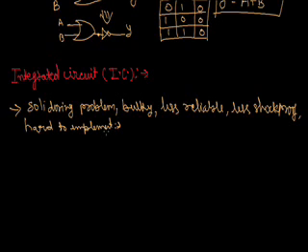To overcome these problems, we have a solution: the integrated circuit. What happens in an integrated circuit? We fabricate the entire circuit in a small chip of silicon.